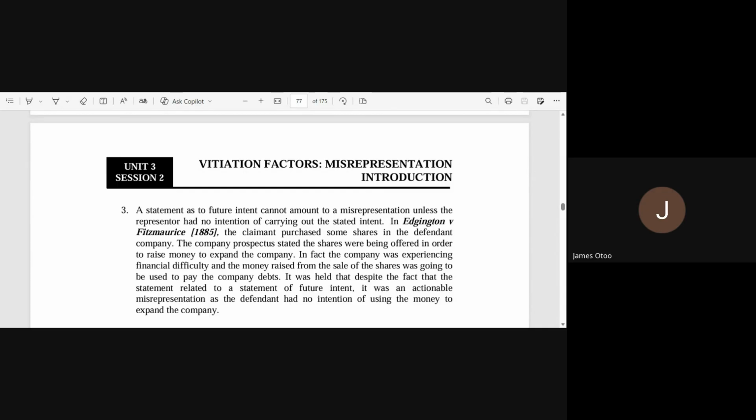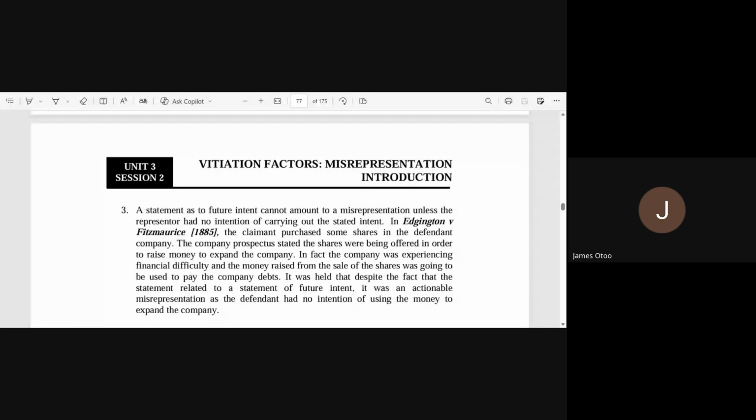The claimant purchased some shares in the company. The company prospectus stated that the shares were being offered in order to raise money to expand the company. In fact, the company was experiencing financial difficulties, and the money raised from the sale of the shares was going to be used to pay the company's debts.